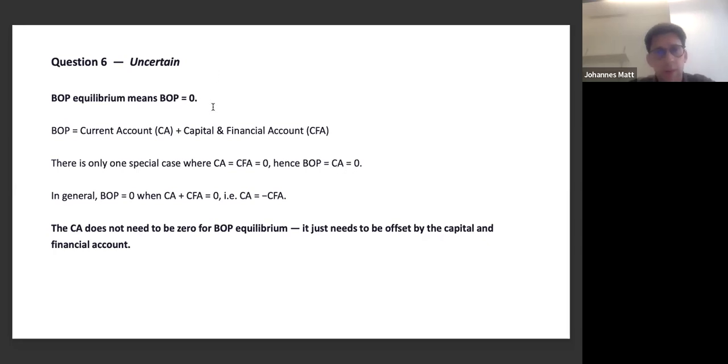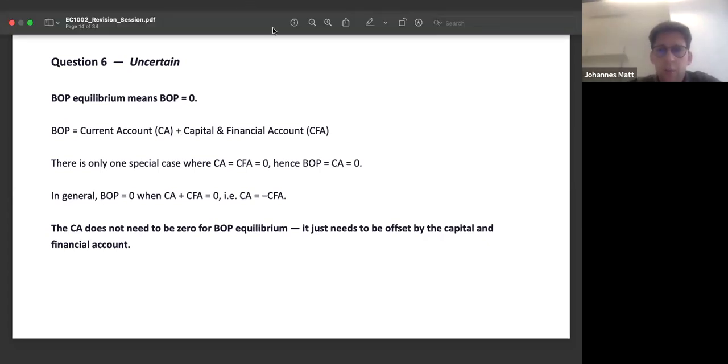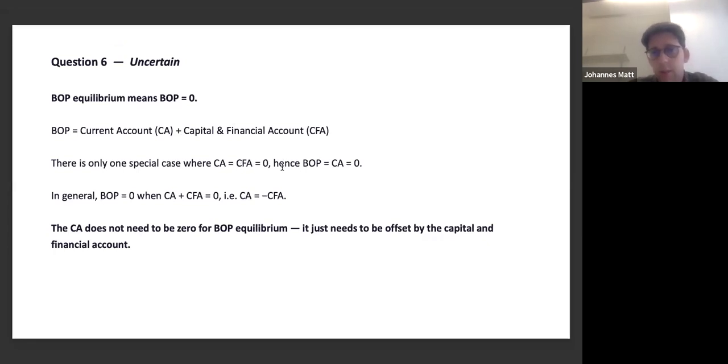And if the balance of payment is equal to 0, then it is in equilibrium. So that's a potential case: current account 0, capital and financial account 0 implies that the balance of payment is 0.